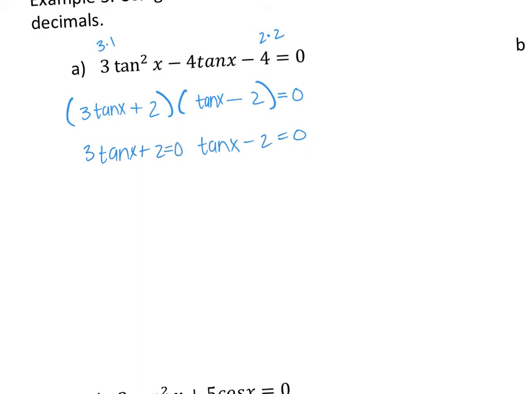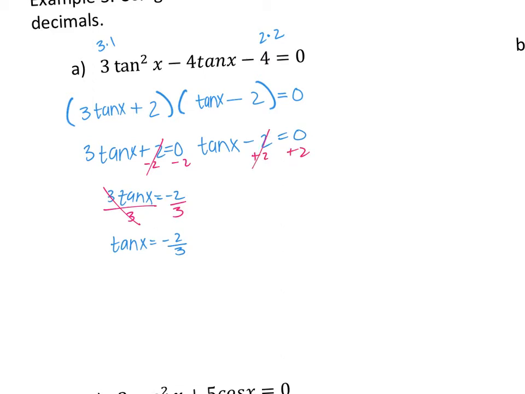So I'm going to subtract the 2 over to the other side. And then it looks like I have 3 tangent equals -2. I'm going to divide by 3, so that cancels. So my tangent here is equal to -2 over 3. On this side, it looks like I just have to add 2 to both sides.